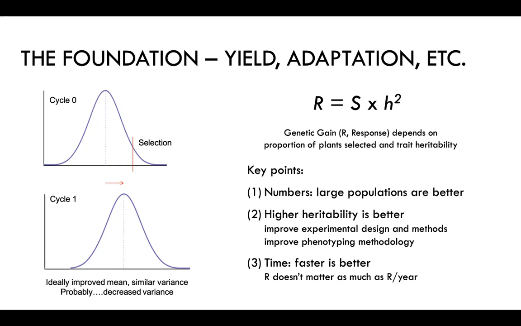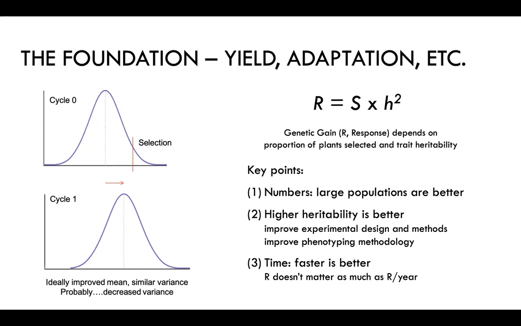Higher heritability is better. And heritability is not a static trait. You can improve heritability, change the experimental design, change how you're measuring things, improve phenotyping methodology, and so on.